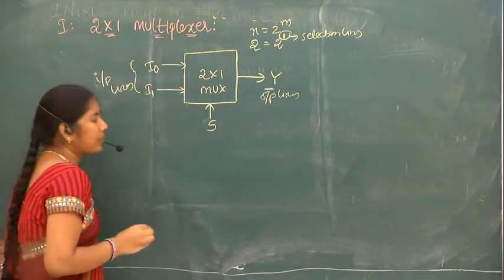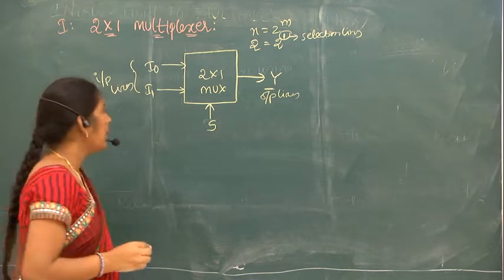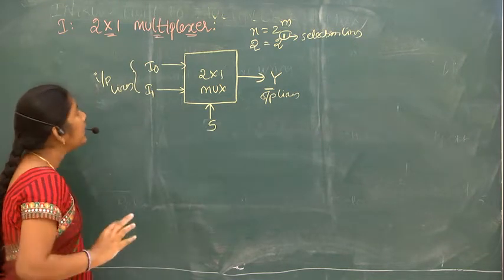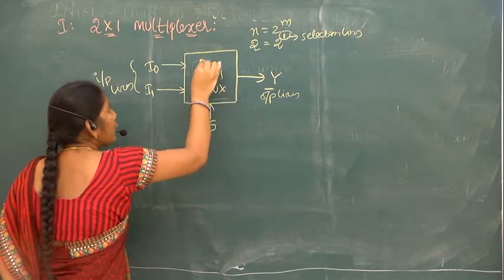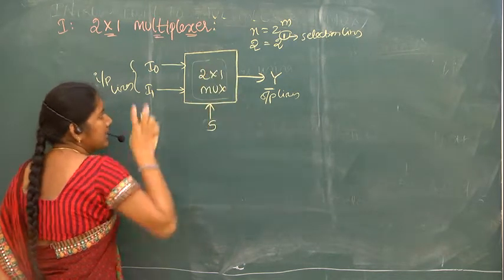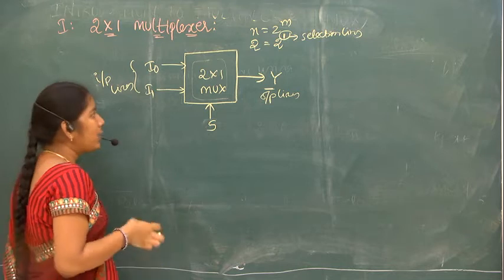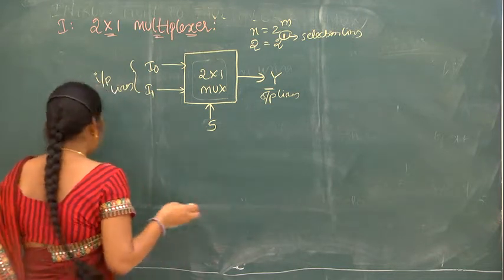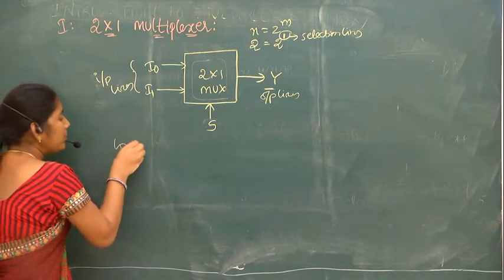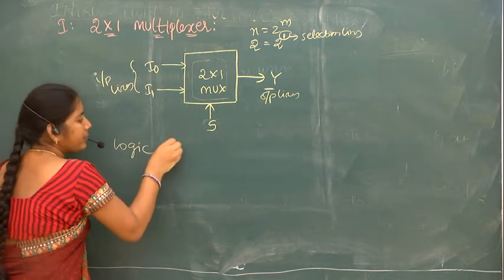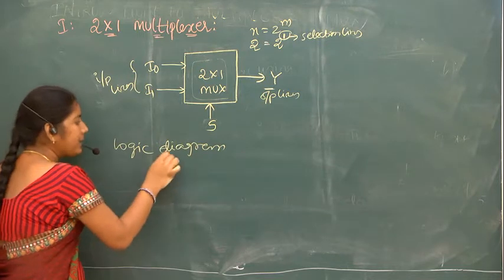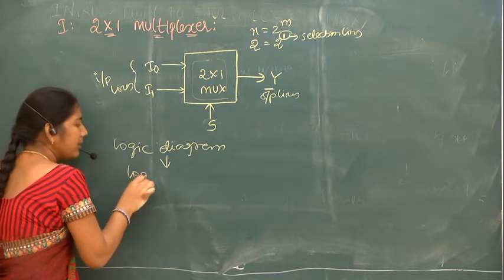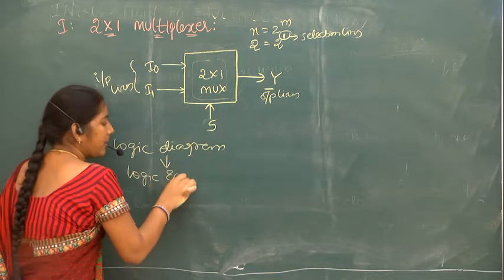Okay. Now the thing is, we need to design the logic diagram for this block diagram. Whenever we want to implement a logic diagram, first we require a logic expression.